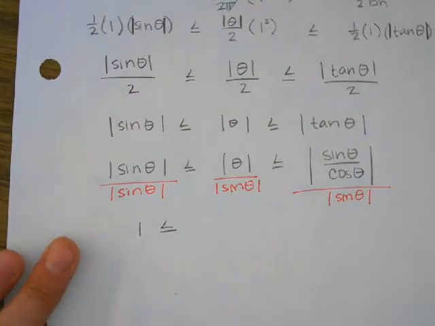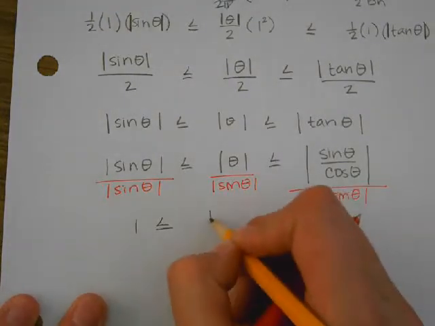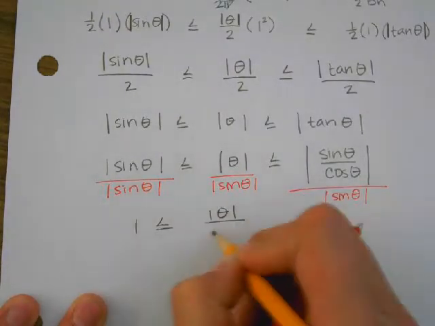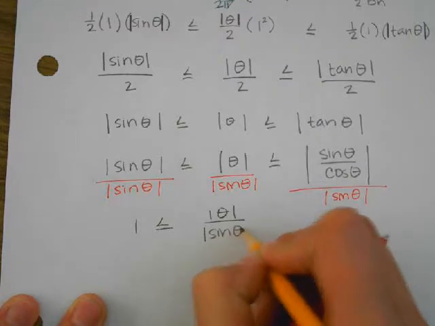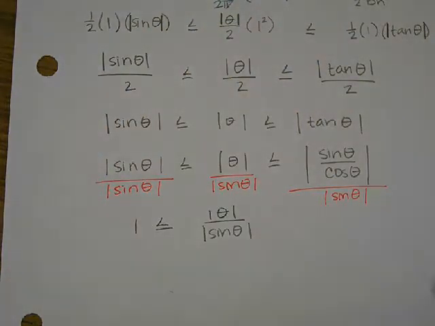That's an easy limit to evaluate, right? 1, we're good with that. In the middle, I now have the absolute value of theta divided by the absolute value of sine. And technically, I think you could probably write that as just theta over sine theta and put the whole thing in an absolute value. It doesn't matter that it's top and bottom. However you want to write it is fine.